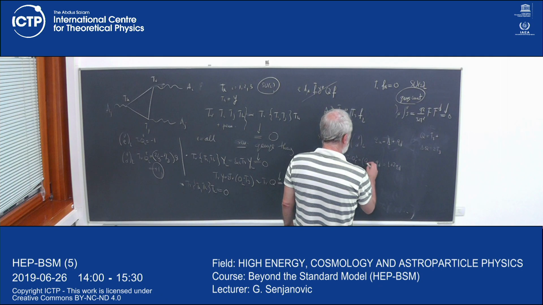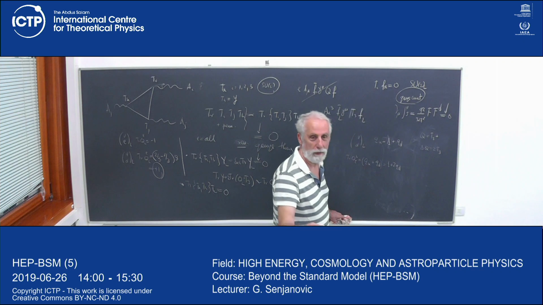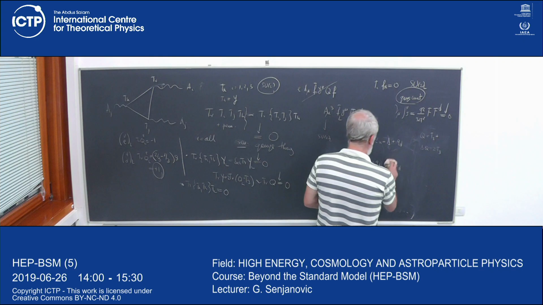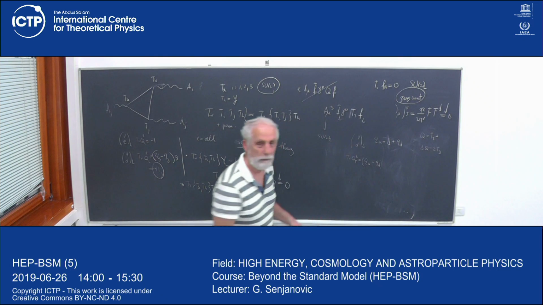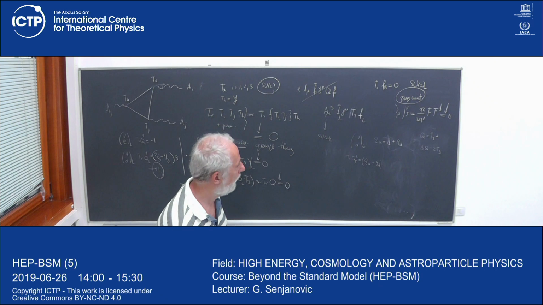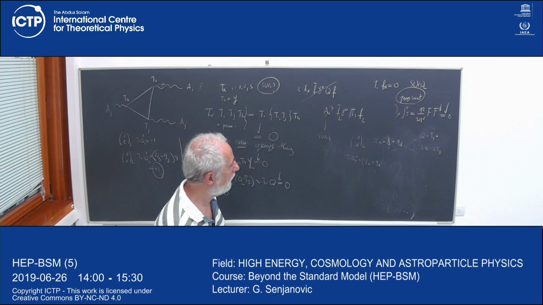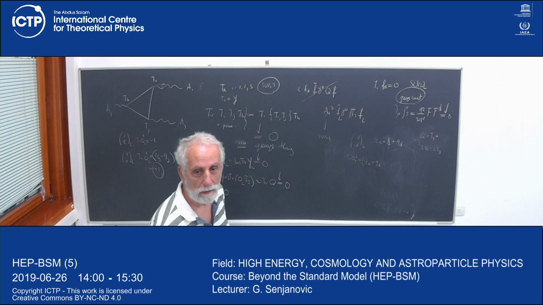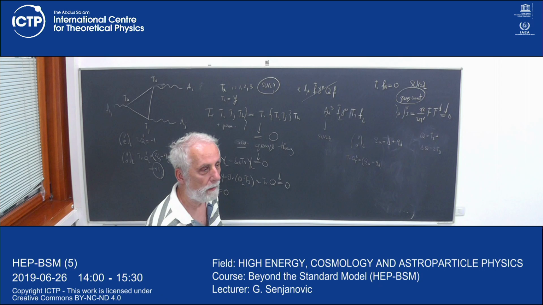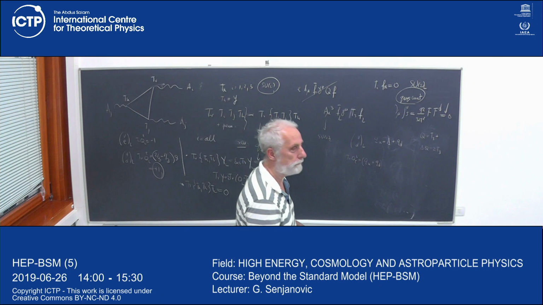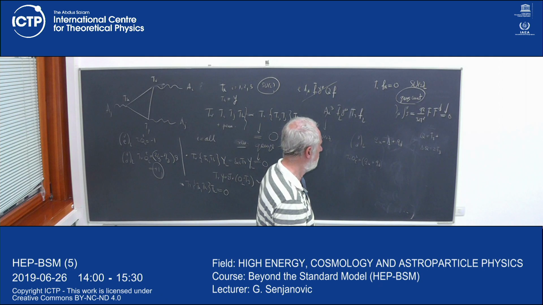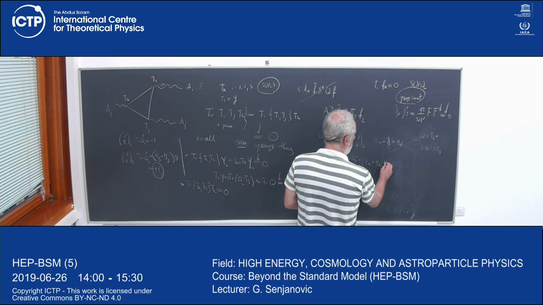Well, maybe it should be times 3. Sorry. The color is included in the Q. Like you have QU, but you have 3 times QU. So I should multiply by 3.